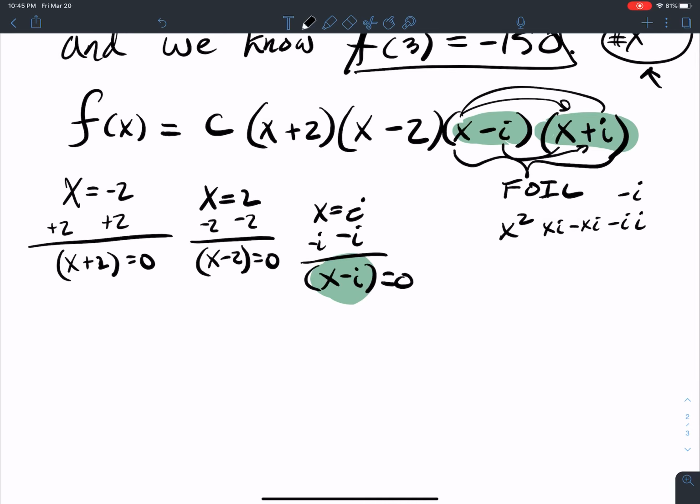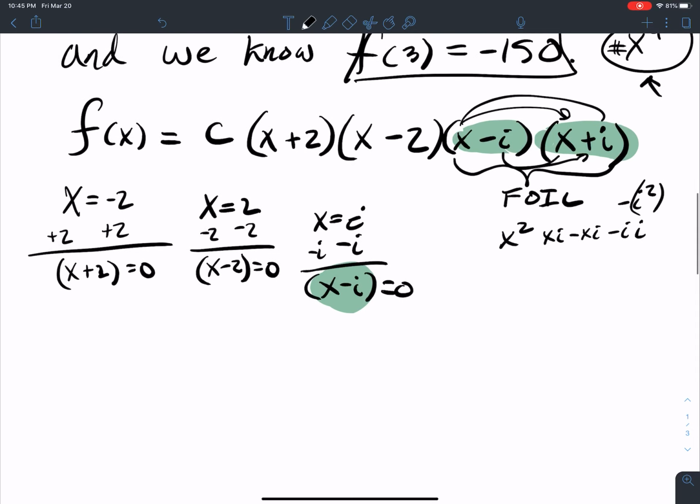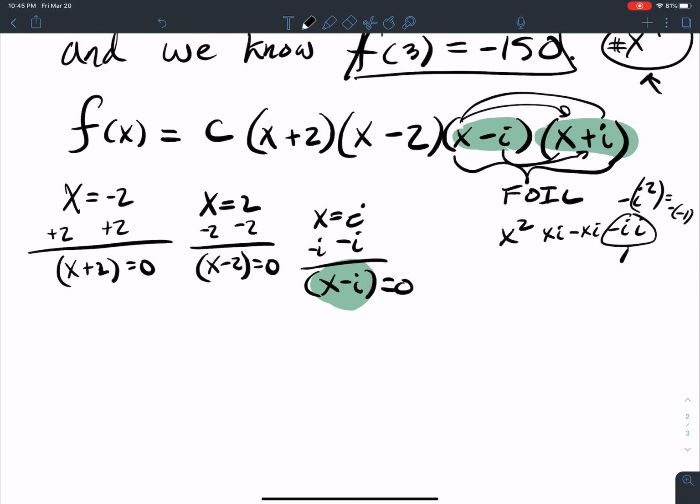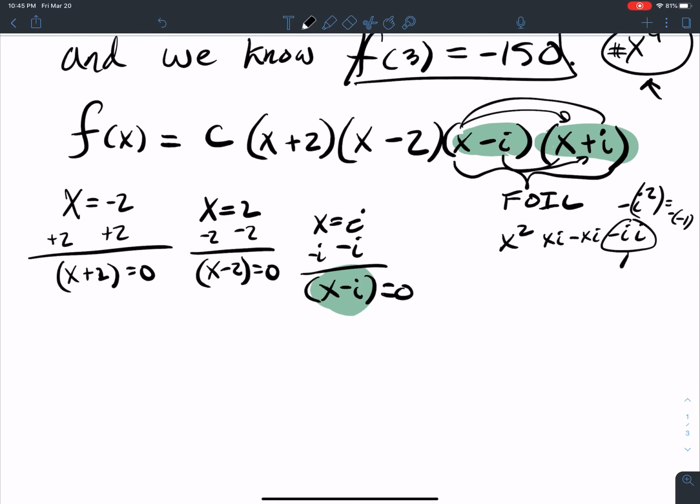Now negative i squared is actually -(-1), so that's actually going to be 1. Okay? My goodness, get your head turned around, right? And then these go to 0. So I really have x squared plus 1. So this, when I multiply out, gets me x squared plus 1.